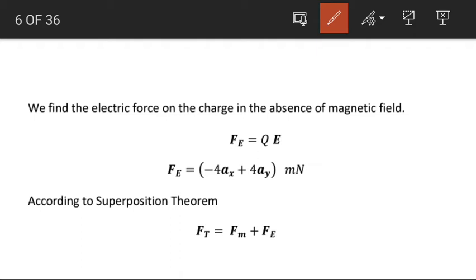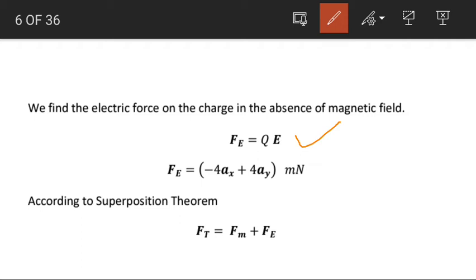The second source is the electric field, and let us calculate the force on the charge due to the electric field. We apply the superposition theorem over here. We find out the force on the charge due to the magnetic field in the absence of the electric field, and then we find out the force on the charge due to the electric field in the absence of the magnetic field.